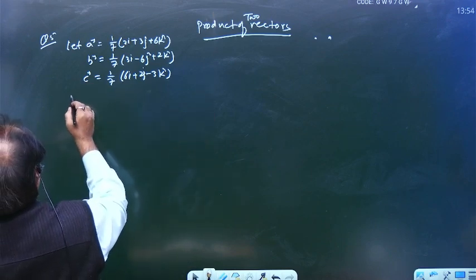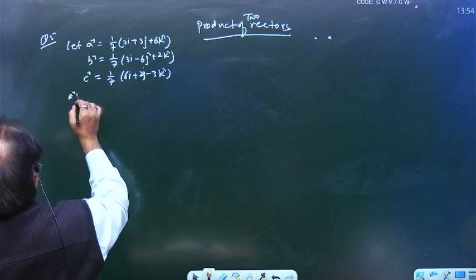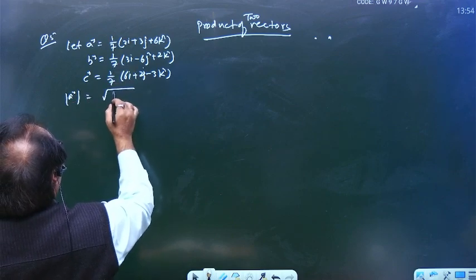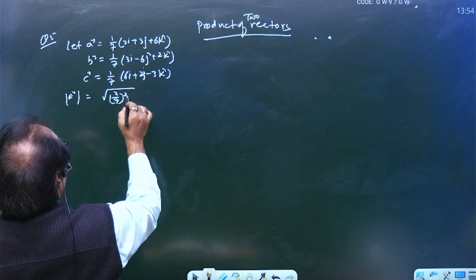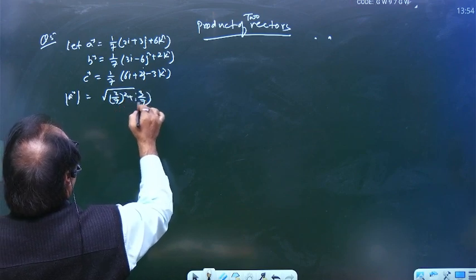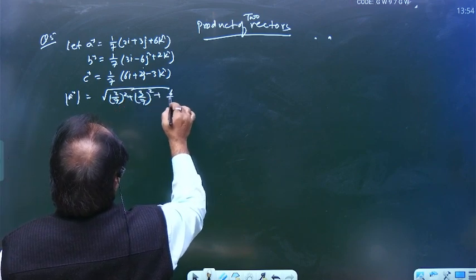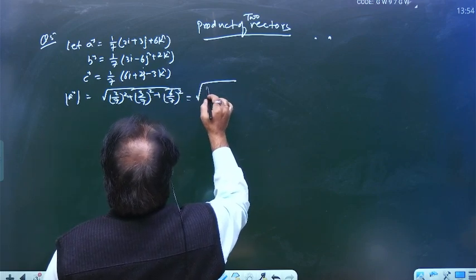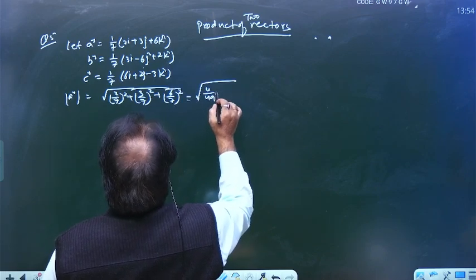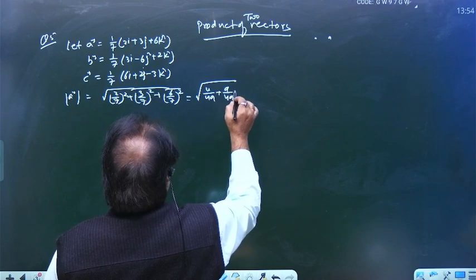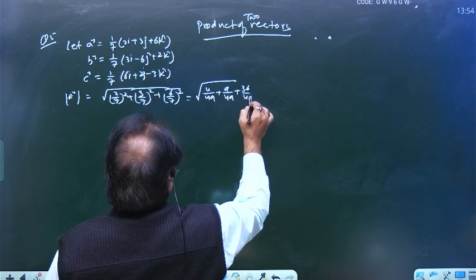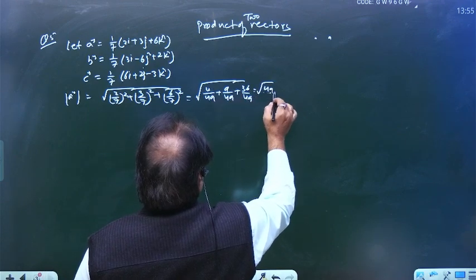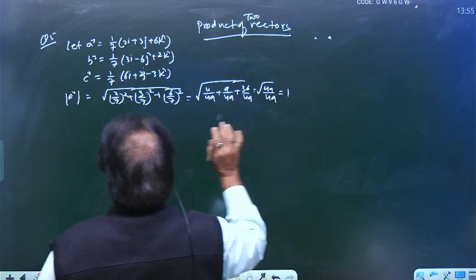For the unit vector, find the magnitude of vector A. So this is root over (2 by 7) square plus (3 by 7) square plus (6 by 7) square. Okay. So this is equal to 4 by 49 and 9 by 49 and 36 by 49. So 36 plus 13 is 49, 49 by 49, that is equal to 1.